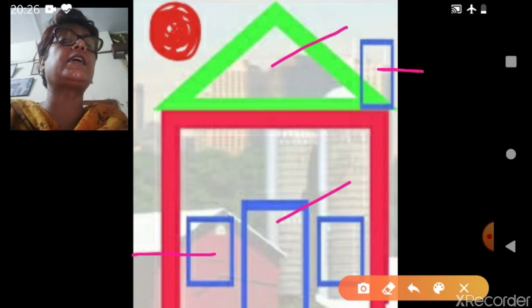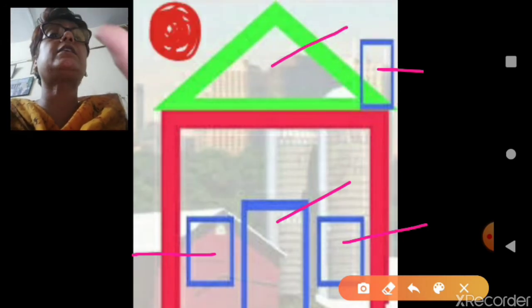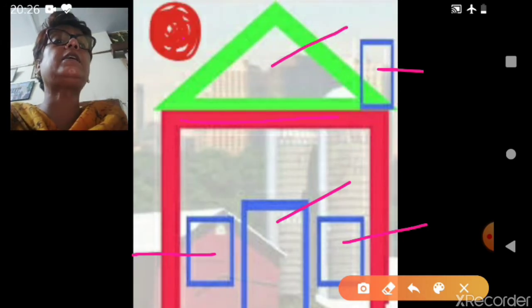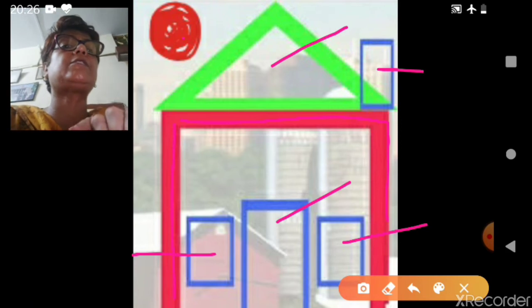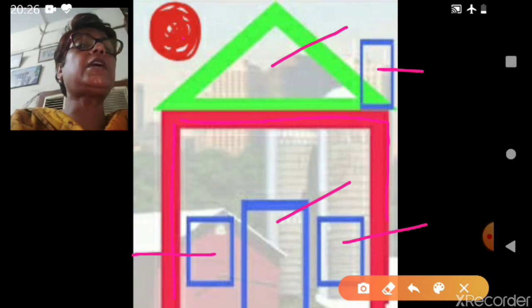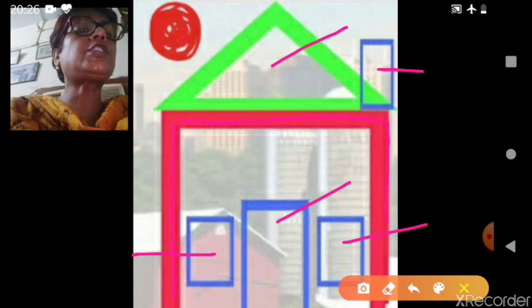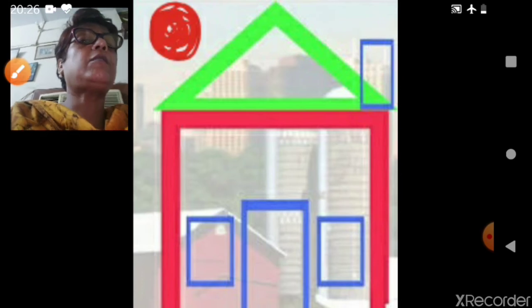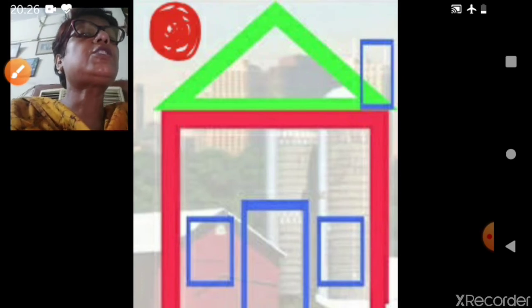This is a rectangle, this is a rectangle, this is a circle, then this entire shape is a square. So these are different shapes, and we have started the lesson shapes.